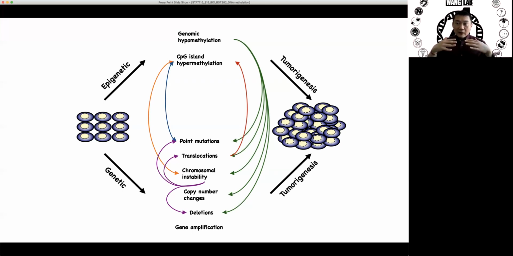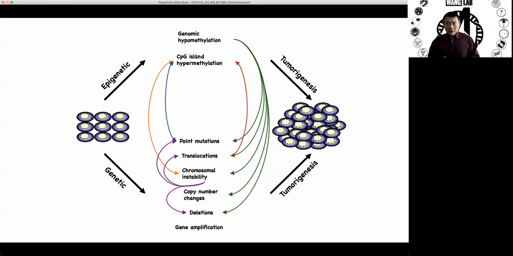And they're filled with repeats, right? And these repeats are actually perfect subjects for recombination, right? So this might lead to recombination to happen. You're gonna see deletions, amplification, copy number changes, right? So the genome becomes fragile. So this is sort of an epigenetic change leads to a genetic change.